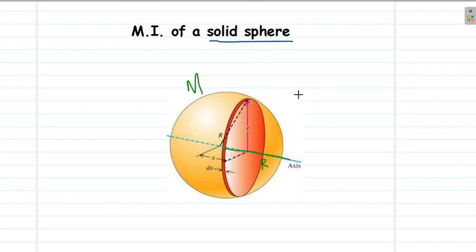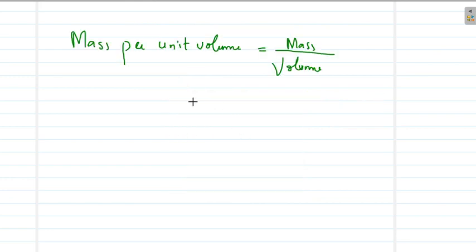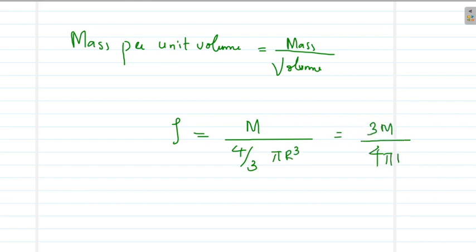Then we know the volume of the sphere is given by 4/3 pi R cube. Therefore, the mass per unit volume, which is rho, can be defined as M divided by 4/3 pi R cube, which is equal to 3M divided by 4 pi R cube.